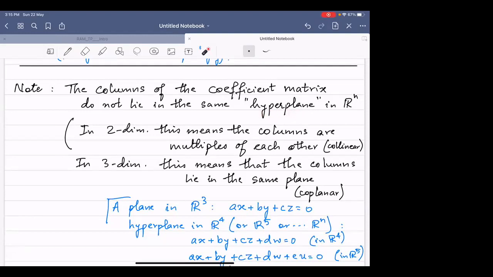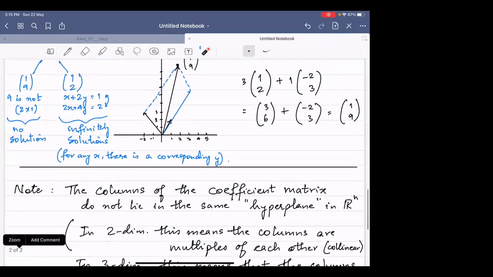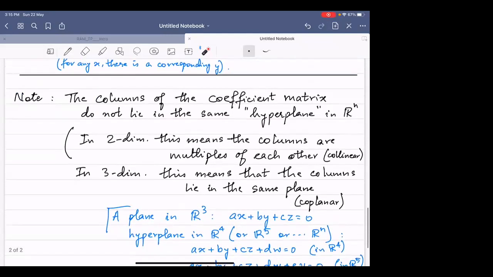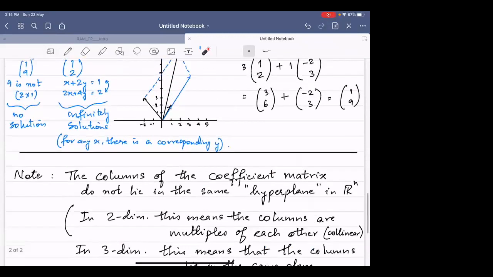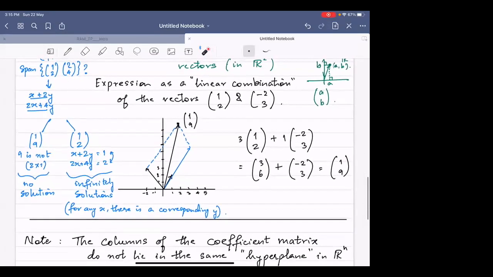Only till now I have used this geometric intuition, but my advice to everybody is that once you go to higher n greater than 3, you should just leave behind this geometry. You should leave behind the thought that you can have geometric intuition for everything. That's not possible beyond 3. So the thing to do is convert everything to algebra, and that is what we are trying to do. So this geometric intuition is useful only up to 3 dimensions.